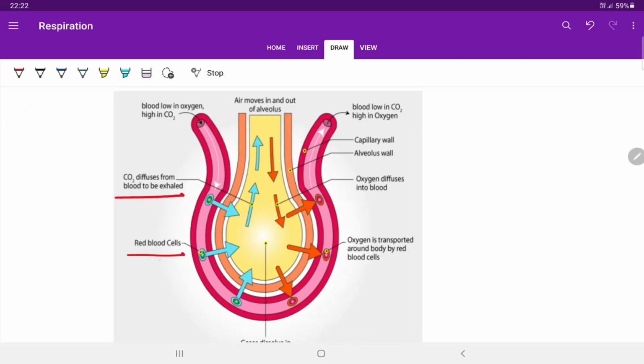The red blood cells bind with the oxygen, and which component of the red blood cells binds with the oxygen? Hemoglobin.